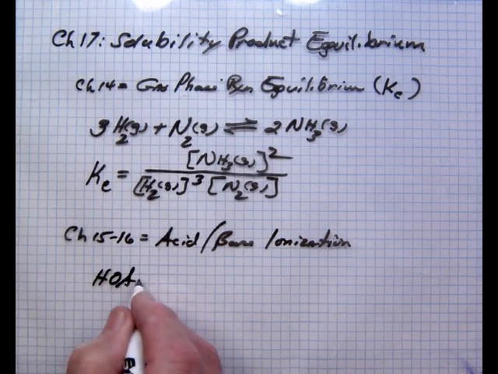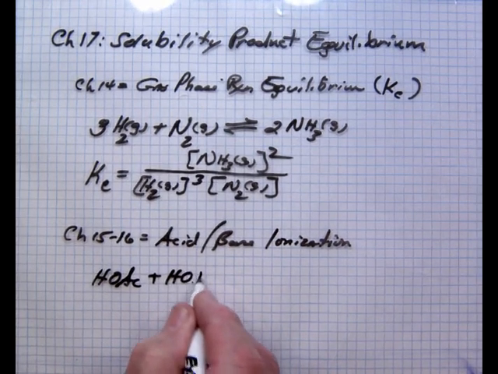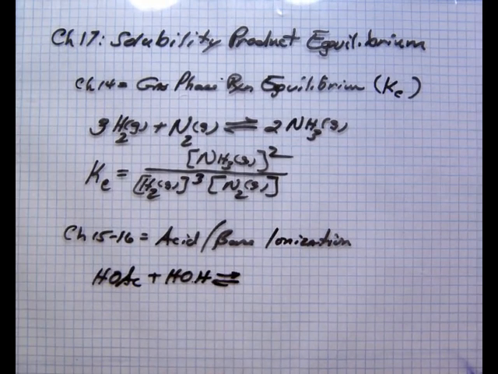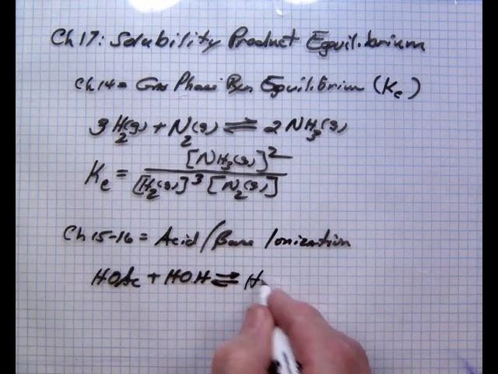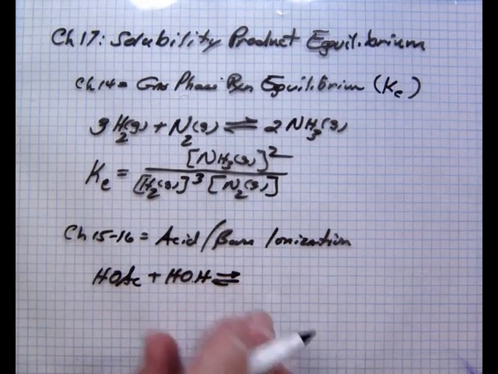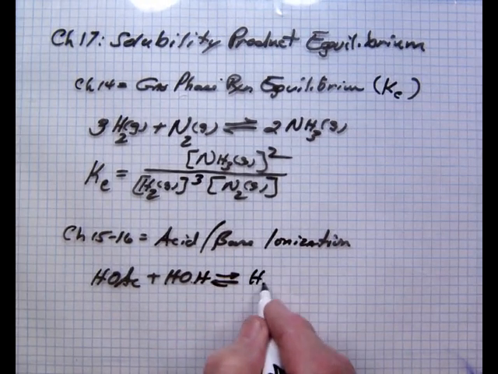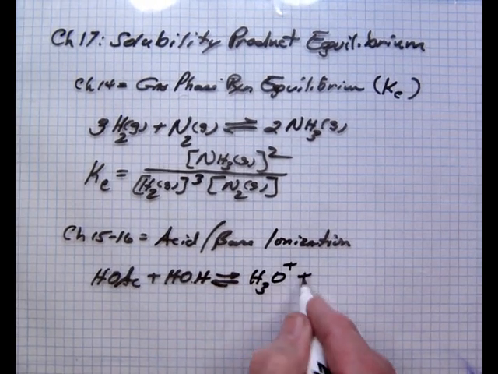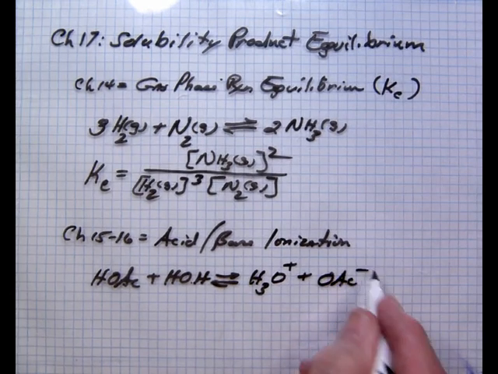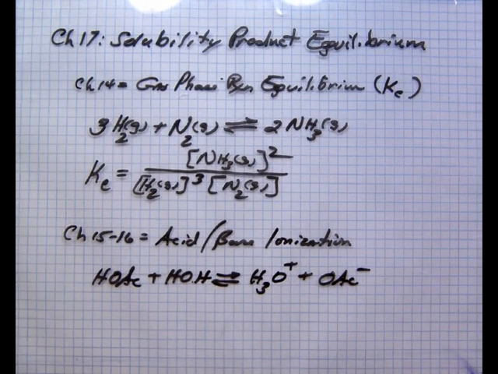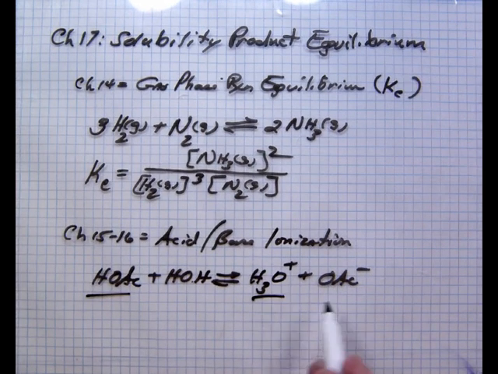Acetic acid, for example, really reacts with water to form the hydronium ion plus the acetate ion, like that. All that's in water. But this is only about 1% ionized. And when I say 1% ionized, I mean it's very low relative to the amount of water you have. So these are small numbers.